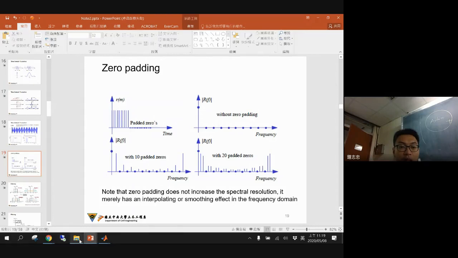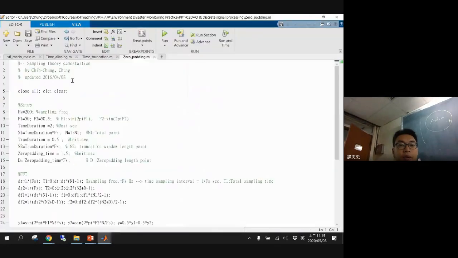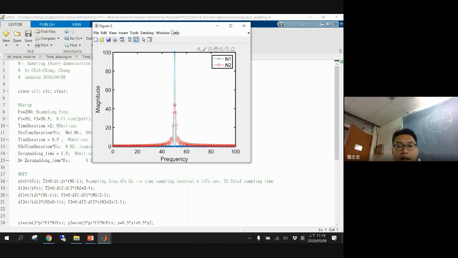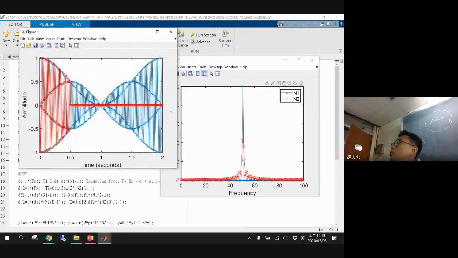Okay, so here I already have the zero padding example for you. You can find the data here. Okay, this is a zero padding. The original signal is the blue one, and the red one here is the truncation, and the rest is the zero padding.